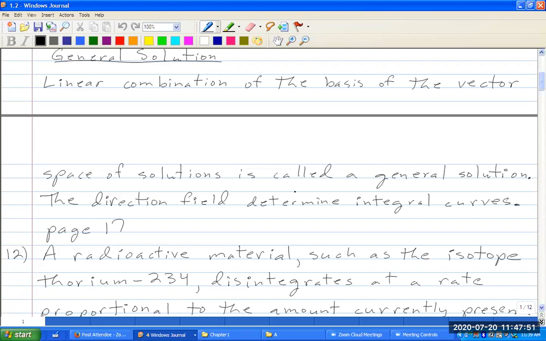Like in the very last problem, if r equals 0, r equals 1, and r equals 2 were the solutions, then the linear combination of, well, e to the 0 is 1, so of 1, e to the t, e to the 2t, will give you any solution for that particular differential equation.